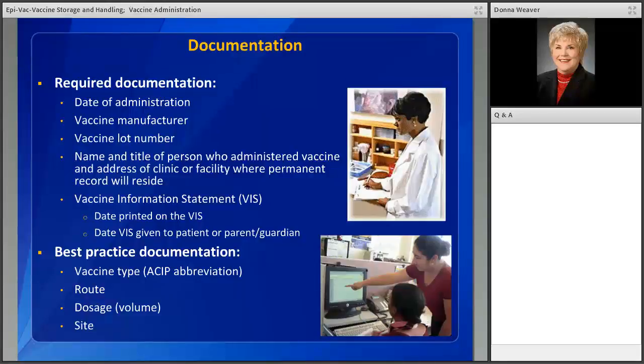Now, best practice documentation also includes documenting the vaccine type, the route, the dosage or volume, and the site.